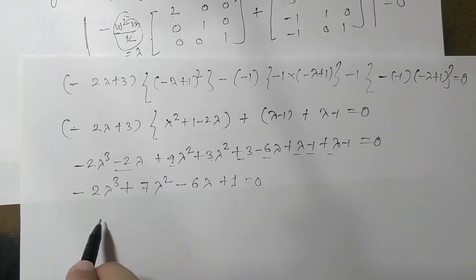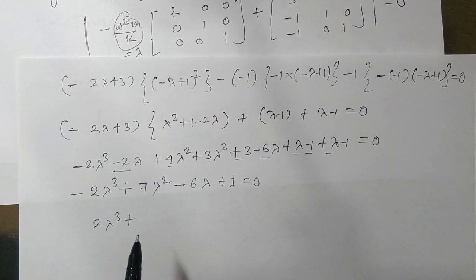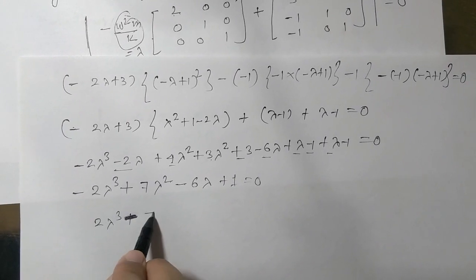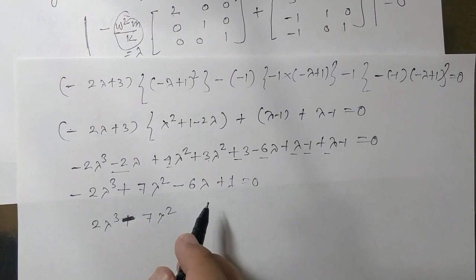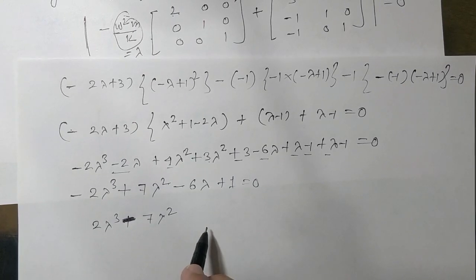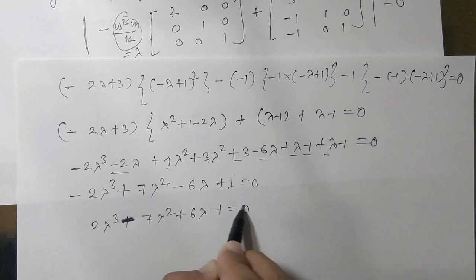Or we'll have 2 lambda cube minus 7 lambda square plus 6 lambda minus 1 is equal to 0.